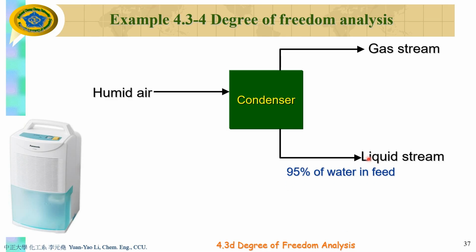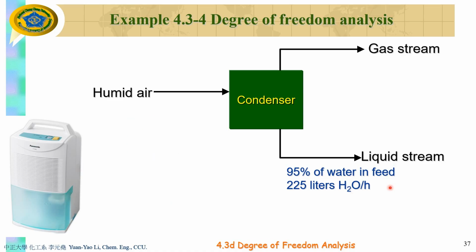So as the description tells us, 95% of water in the feed will be condensed in the liquid stream. That's what you know. And also, the condenser produces 225 liters per hour of water in the liquid stream. That's the information you know.